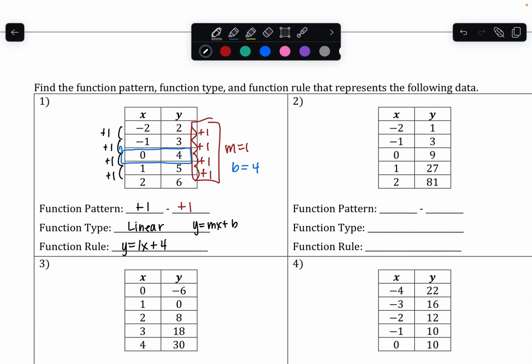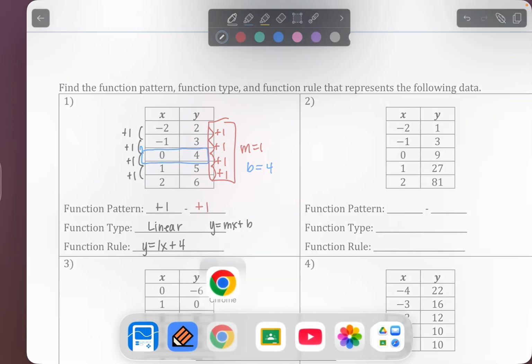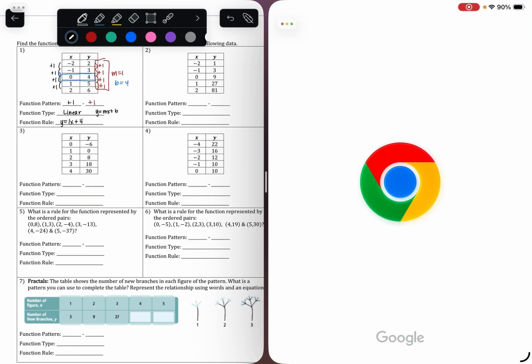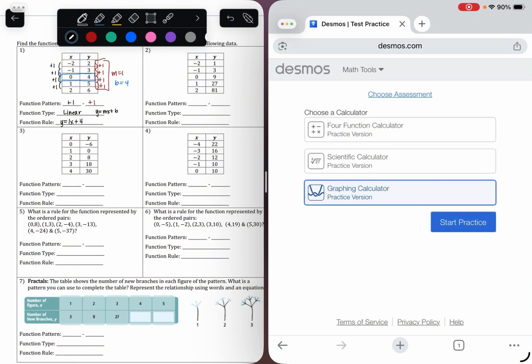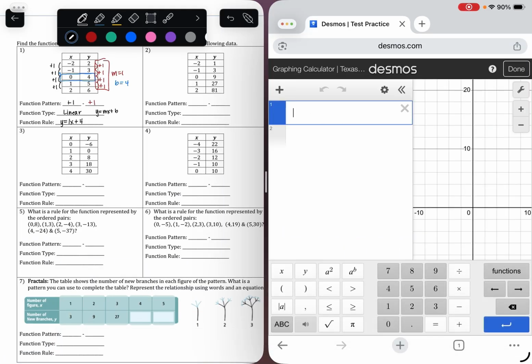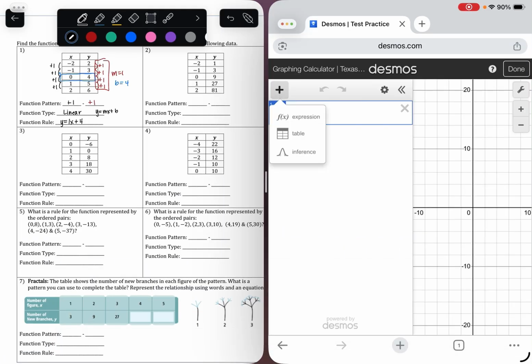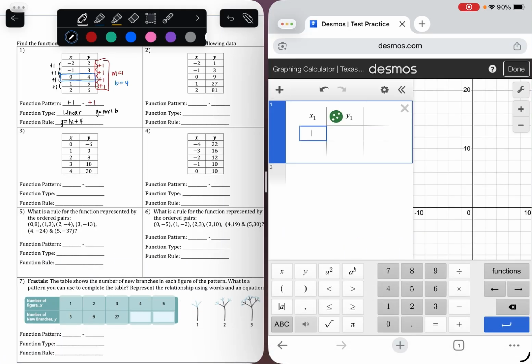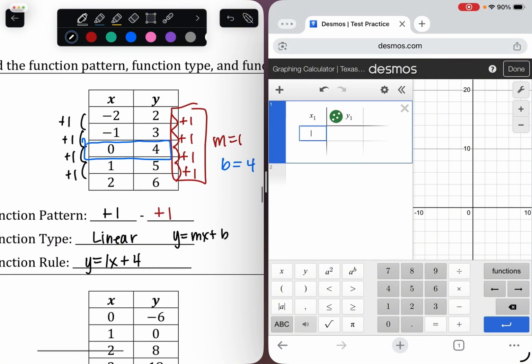But if you need to use regression, and you're going to do this for all of the examples, you can choose star. Click this plus sign, click the table, and then you are adding your x's to the x column.